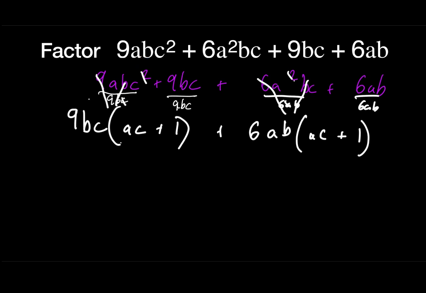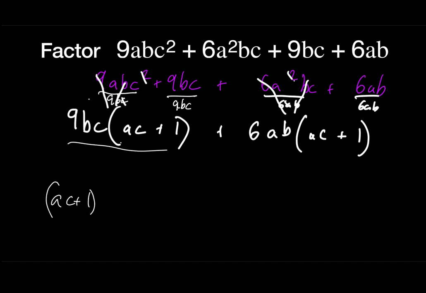So up here I had 4 terms, 4 things that are being added. Down here I have 2 terms. Here's the adding. I have this whole thing, I have this whole thing. Since I have 2 terms that have something in common, which is the parenthesis set, I can actually factor ac plus 1 out of both of them.